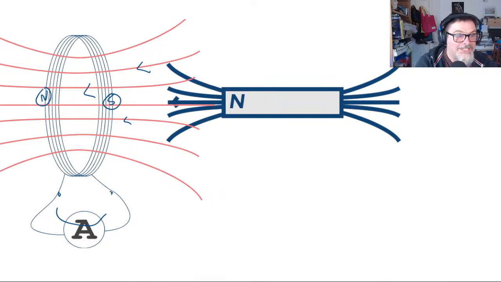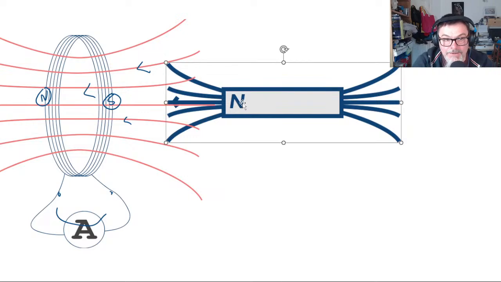Now if that situation were to happen, we would have a north pole on the end of the magnet and a south pole in the coil, and of course they're going to attract each other.